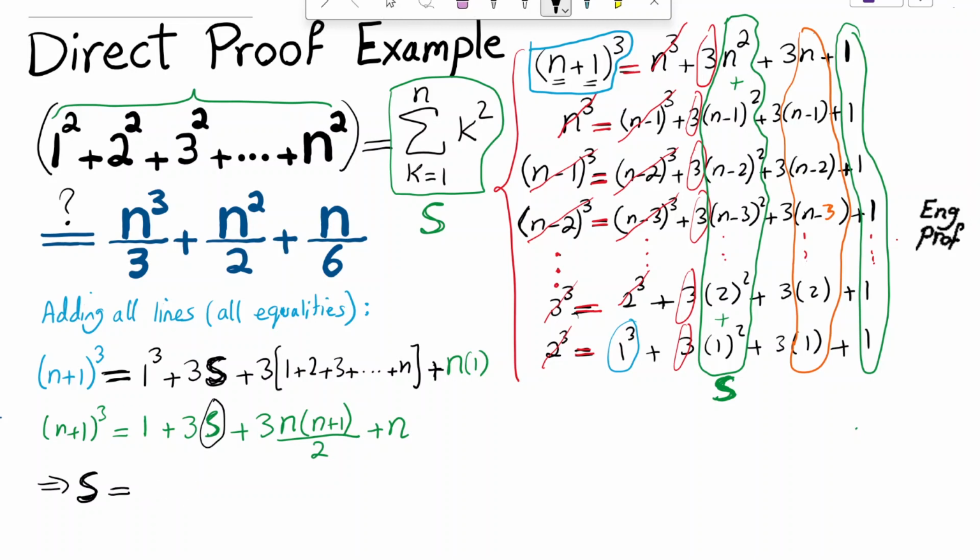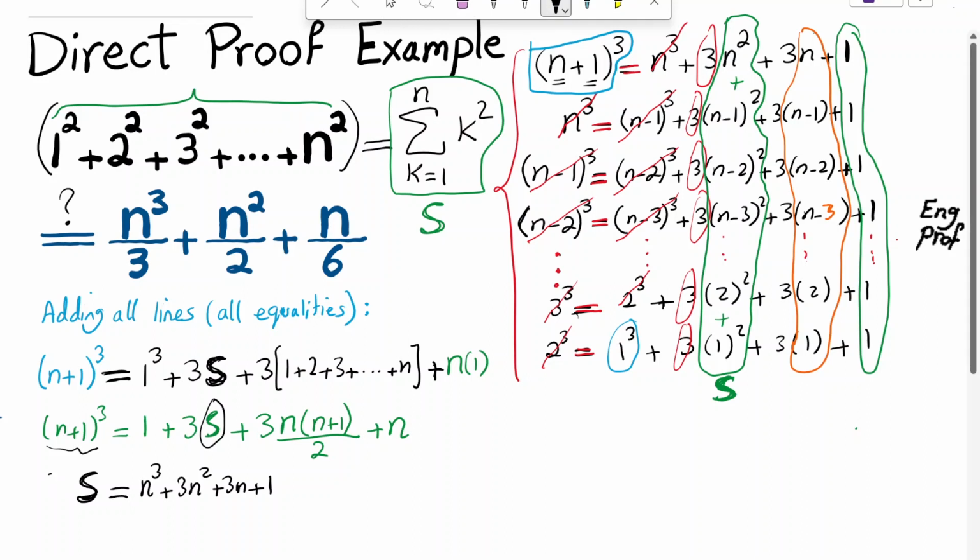I was trying to be smart about it, do something quick, but let's just do it systematically and brute force. So (n plus 1) to the power 3 is n cubed plus 3n squared plus 3n plus 1, and moving all the other components to the other side. Of course I have 1 over 3 that I need to multiply everything by, or I can just keep the 3s over there to keep it neat.